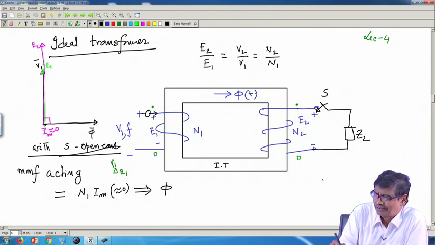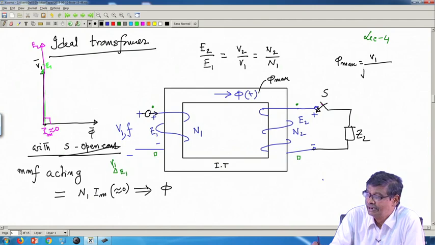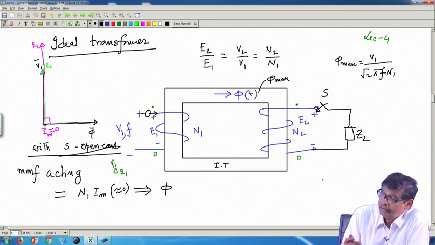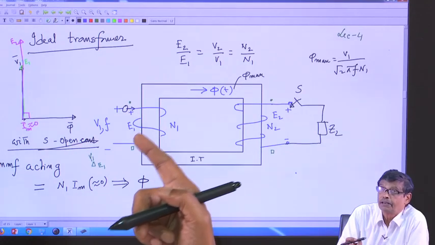You tell phi max and frequency. Phi max was fixed, I am writing it many a times, root 2 pi f N1. That was phi max, it was fixed, and this phi max has to be there in order that KVL will be satisfied on the primary loop.